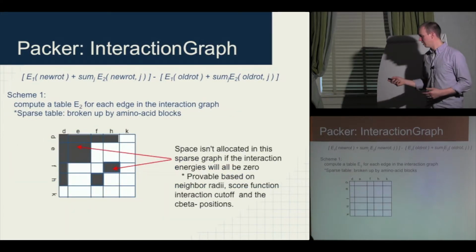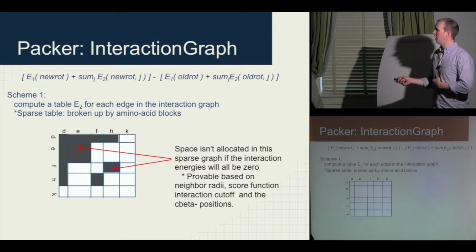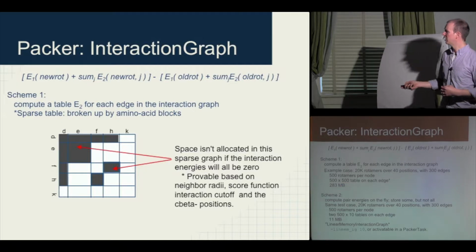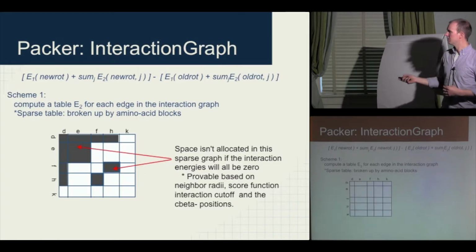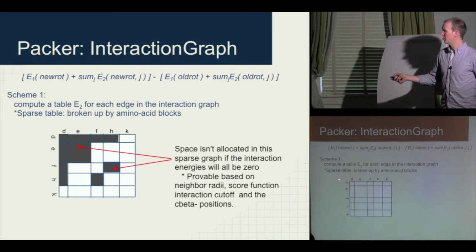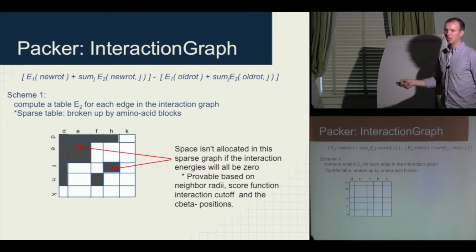I did say on the previous slide that we have this sparse table representation that reduces the memory use just a little bit. It's mildly interesting, so I'll describe it. Basically, we organize all the rotamers for this table by amino acid. So all of the rotamers for aspartate are going to appear right next to each other, in order.